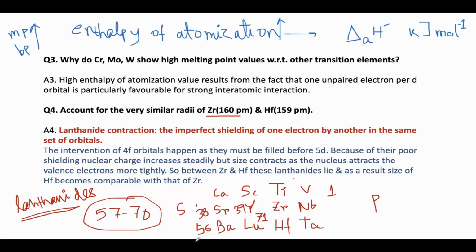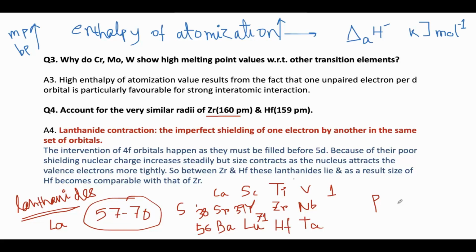So from 57 to 71, 57 starts with lanthanum. Then we have cerium, Pr, Nd, promethium, samarium, and so on. Then we reach 70, that is ytterbium, and 71 as lutetium. So from 57 to 71, in the middle come these lanthanides.